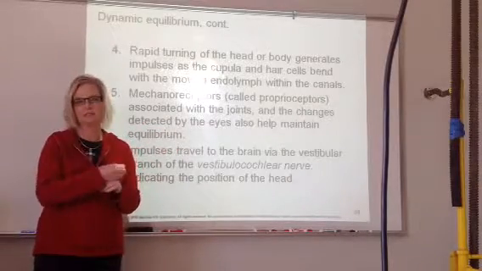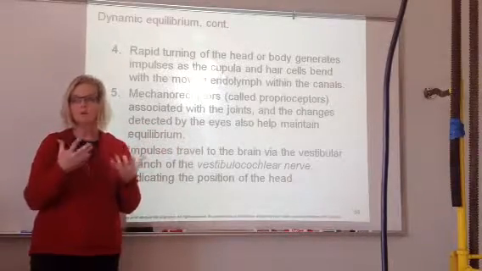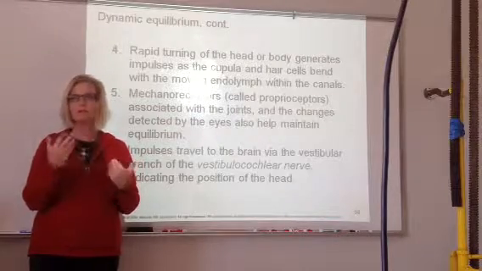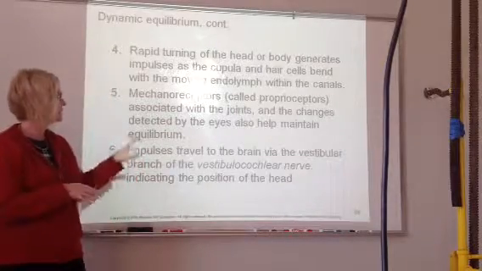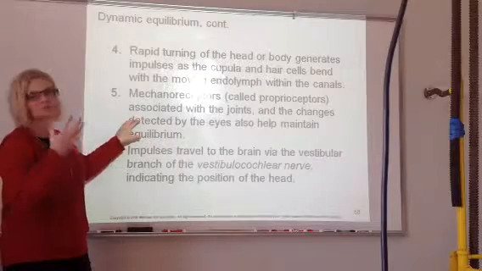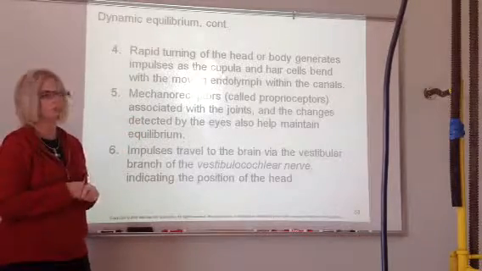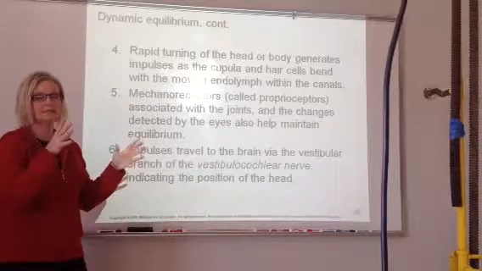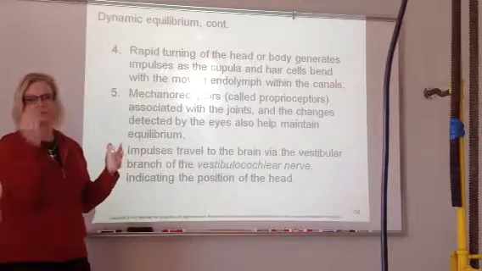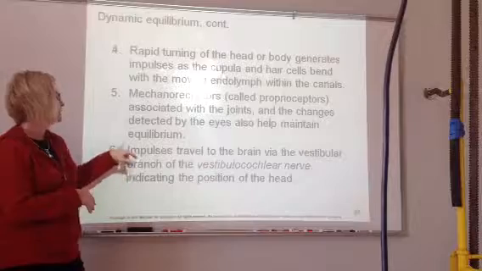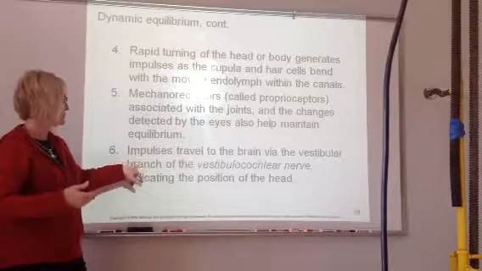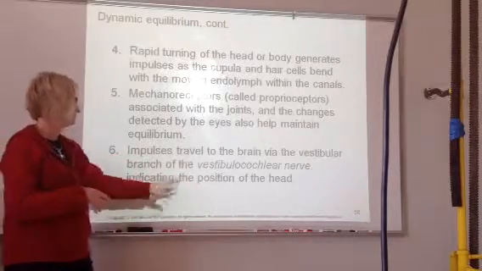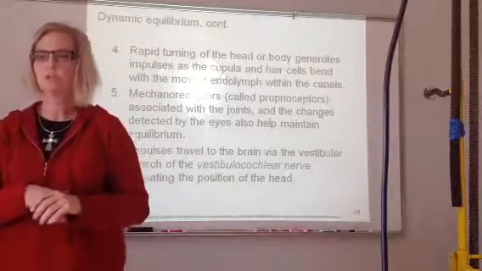This would be the reason that some people feel better if they close their eyes when riding a roller coaster and things like that, because those changes also affect your equilibrium. That is because as your head moves, it also creates eye movements. Impulses travel to the brain through the vestibular branch again, and that indicates the position of the head.